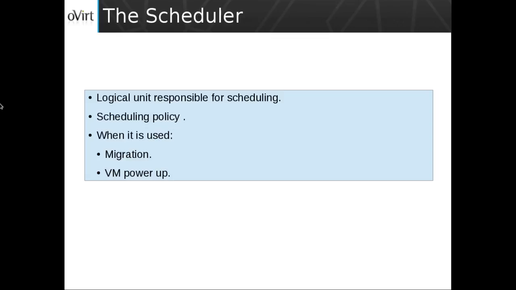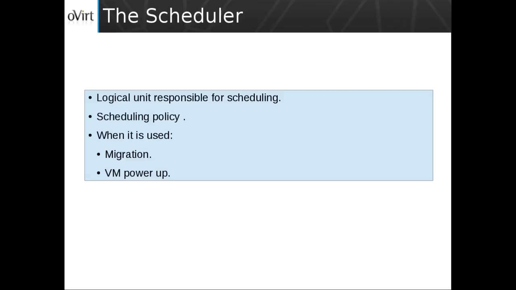Scheduling policies is basically a group of policy units which the admin can specify. The policy units are divided into several groups I'm going to show you later, and they're divided into filters and weights, which I'm also going to explain later.